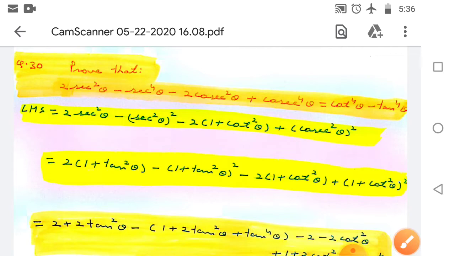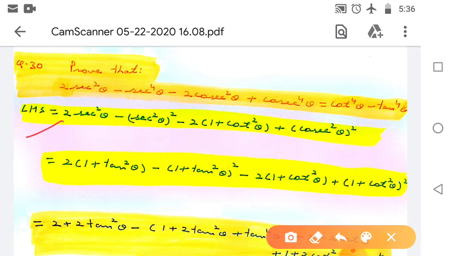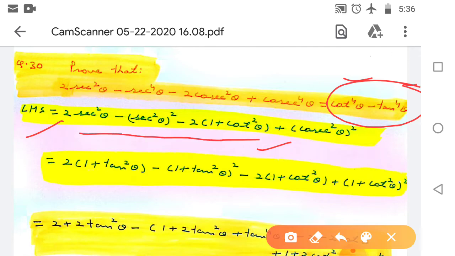Look at here, this is the LHS and this is your RHS. In the RHS we have cot theta and tan theta only. So, we need to convert all these terms into cot and tan theta.